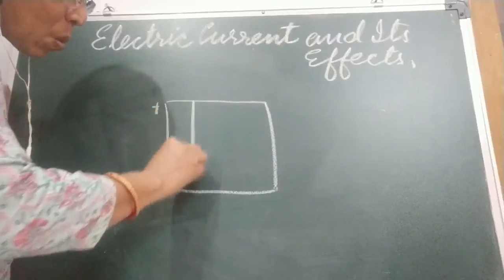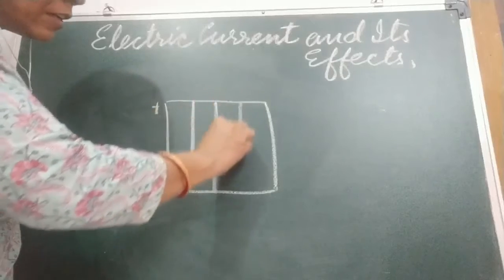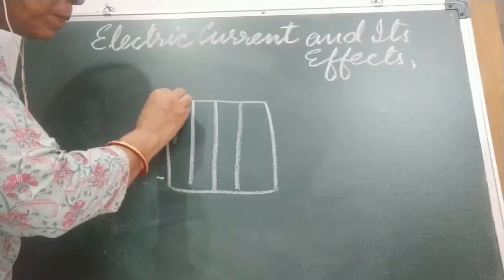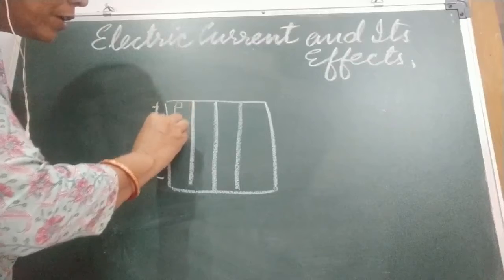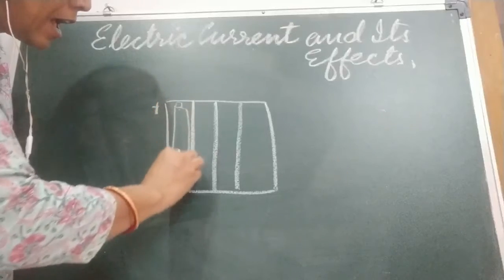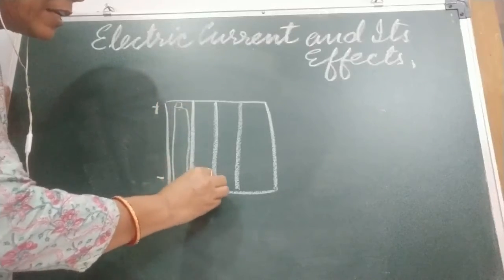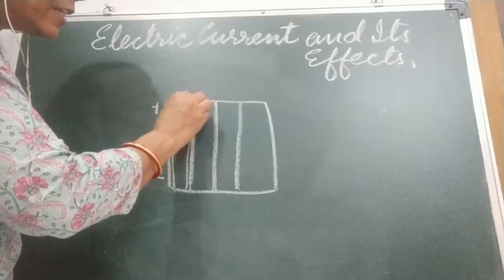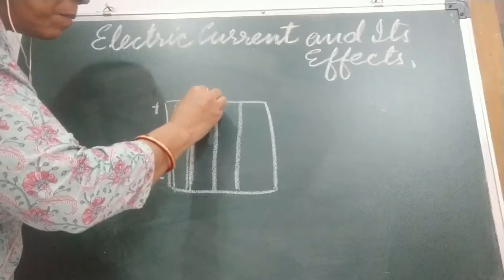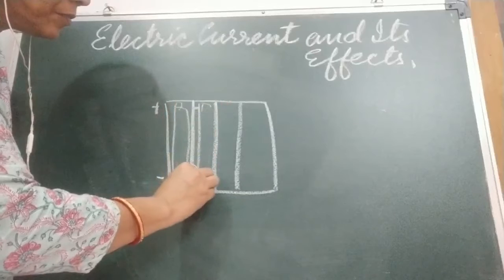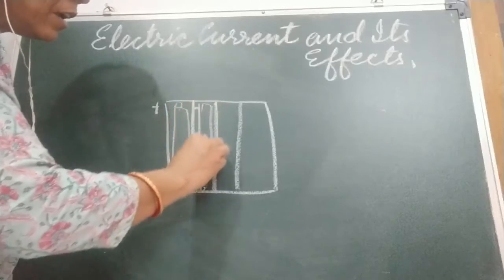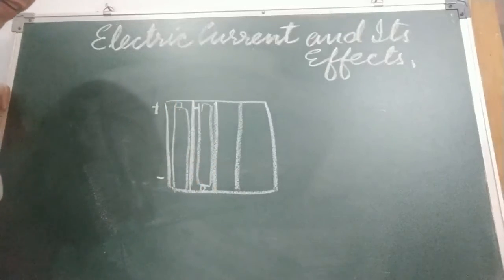Suppose 4 cells you want to arrange, so plus this side and minus this side. But in another holder you will find minus is written here and plus is this side. Okay. If you have not seen, observe it. They have plus and minus signs inscribed inside where the positive and negative terminals of the cells fit in.